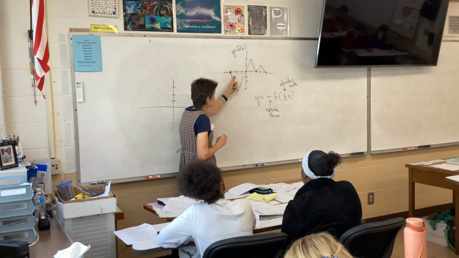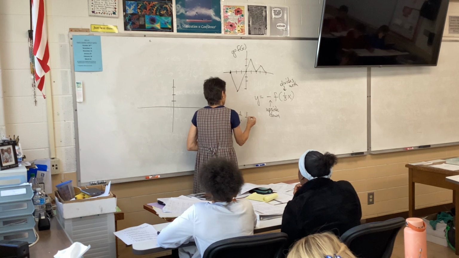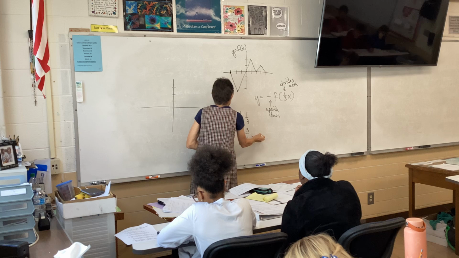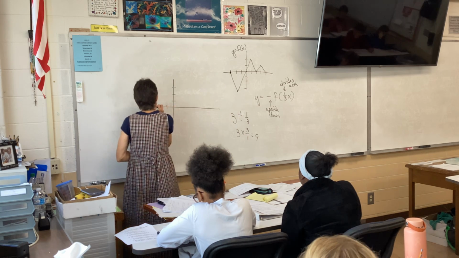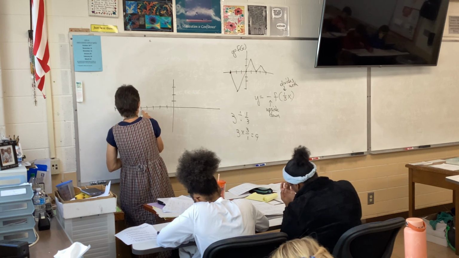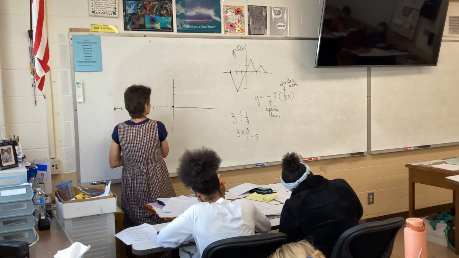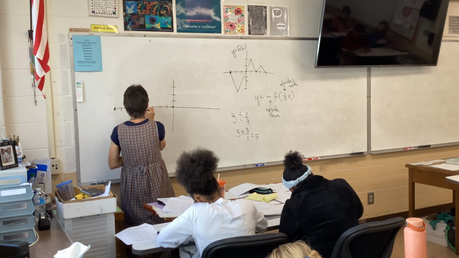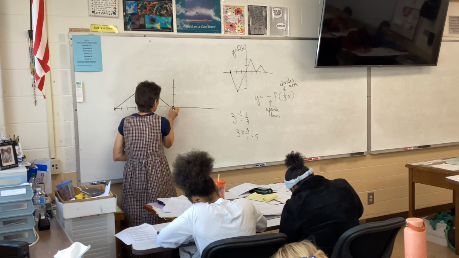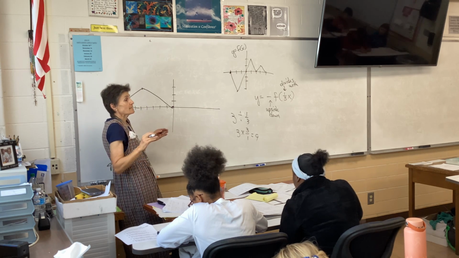How wide is it to start with? 3. What is 3 divided by a third? 3 times 3, which is 9. So now I have the same triangle, but now it's 9 wide and still 3 tall. So it's upside down and 3 times as wide.